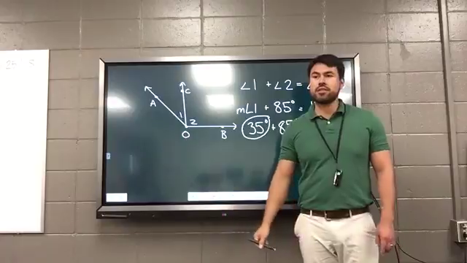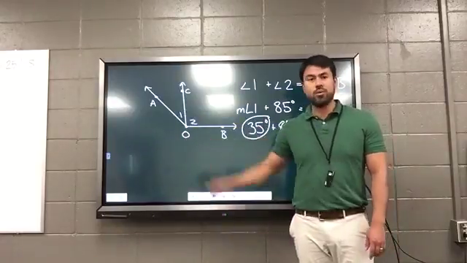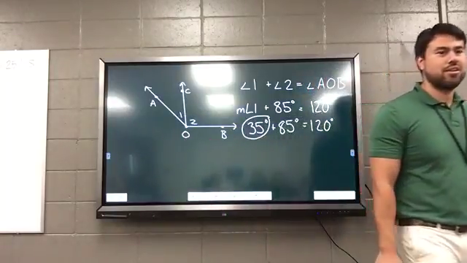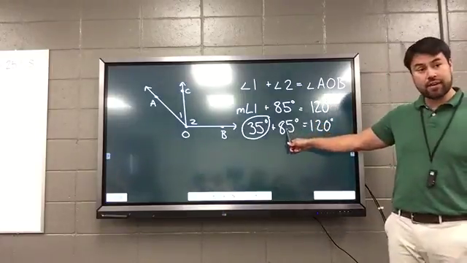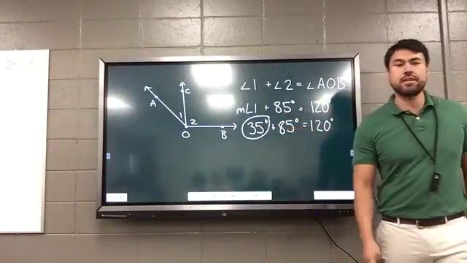Measure it. See if it matches up. Go measure angle 1. Now you can use your protractors. Yes, ma'am. So the 117 was the whole thing, and 35 was angle 2. Yes. Okay, so would you add them together? You would subtract them. You would do 120 minus 85 to get 35. Yep.